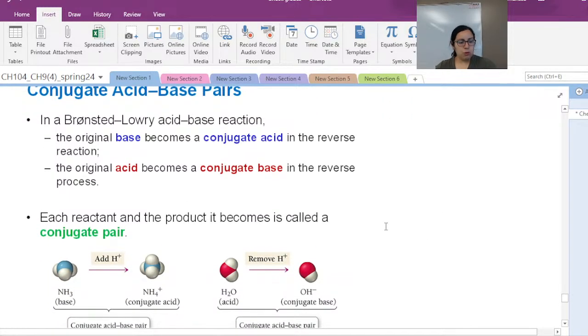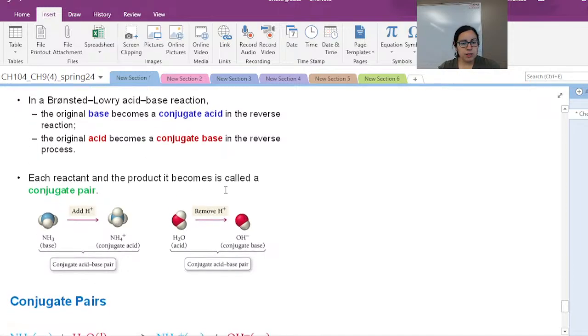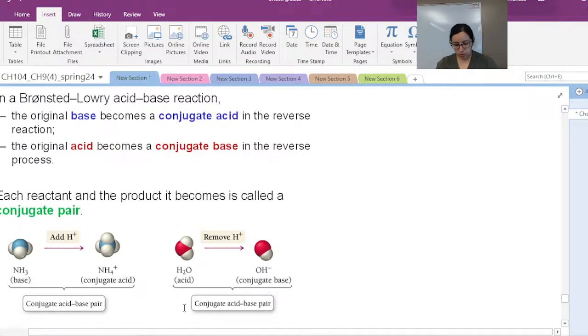And so that's what we've been seeing. So our conjugate acid-base pairs. And again, our original base becomes our conjugate acid, and then our acid is our conjugate base. And then it's just saying that we can do this reverse reaction.